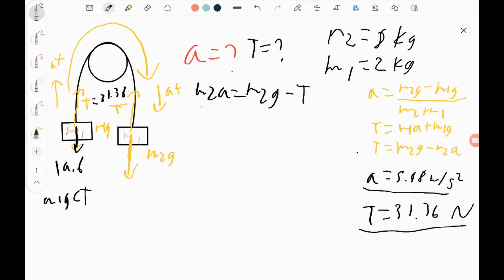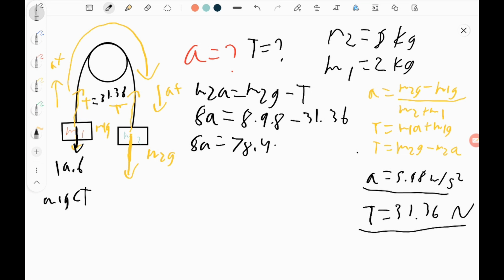So that means that M2, which is 8, times A, should be equal to the downward gravity force on block 2, which is 8 times 9.8 meters per second squared minus 31.36. So A is equal to 8 times 9.8, which is 78.4, minus 31.36.